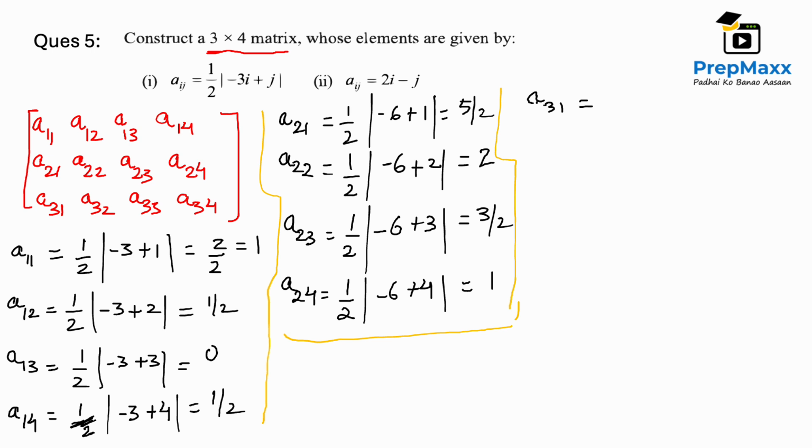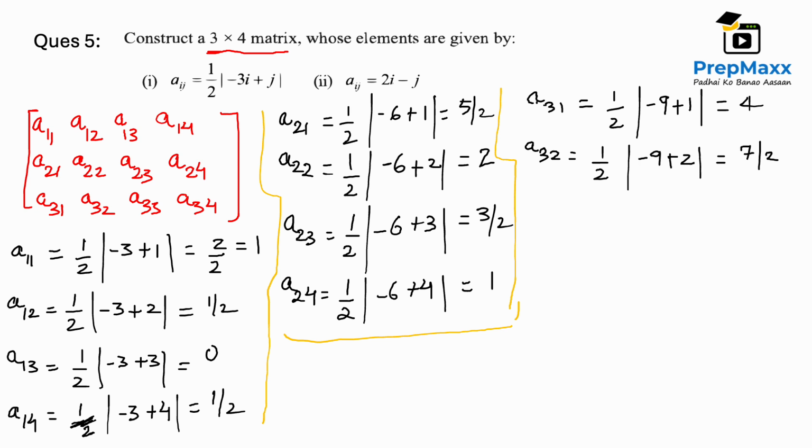So A31 is going to be what? i is 3 and j is 1, so half of mod of negative 9 plus 1, which is mod of negative 8 over 2, which is 4. Then A32, so half of mod of negative 9 plus 2, which is 7 by 2.